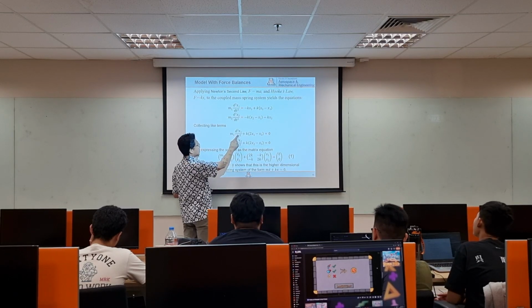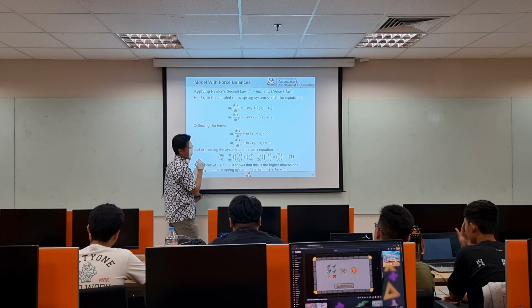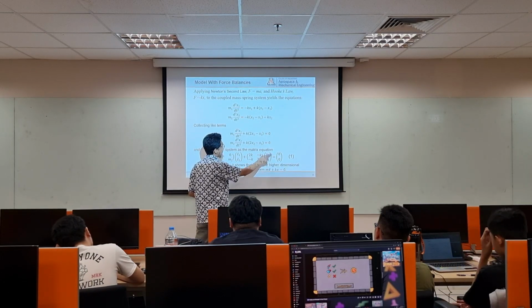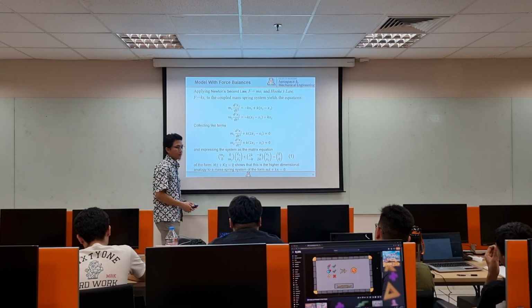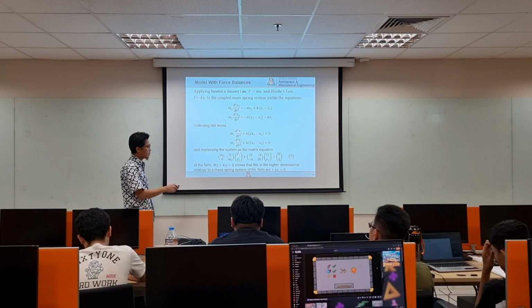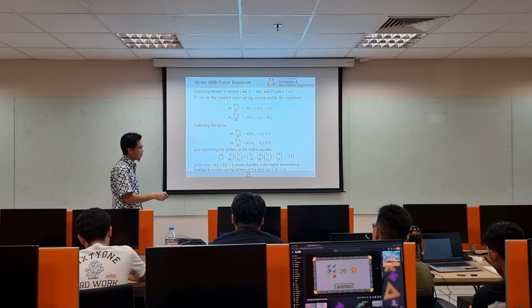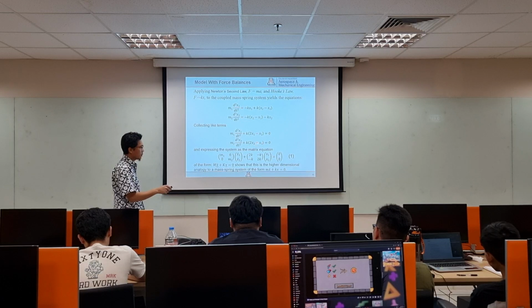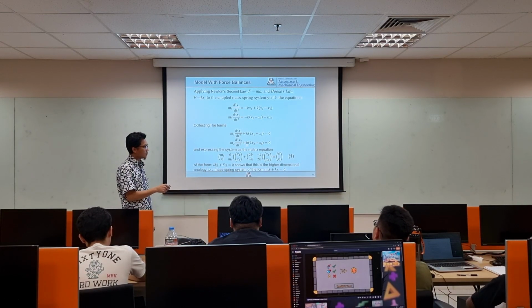And then minus kx2 is here, equal to 0. The second equation, of course, you go from here. 0 times x1 double dot plus m2 x2 double dot. It's this one. And then the next term will be minus kx1. It's this one. And then 2k x2. This one.